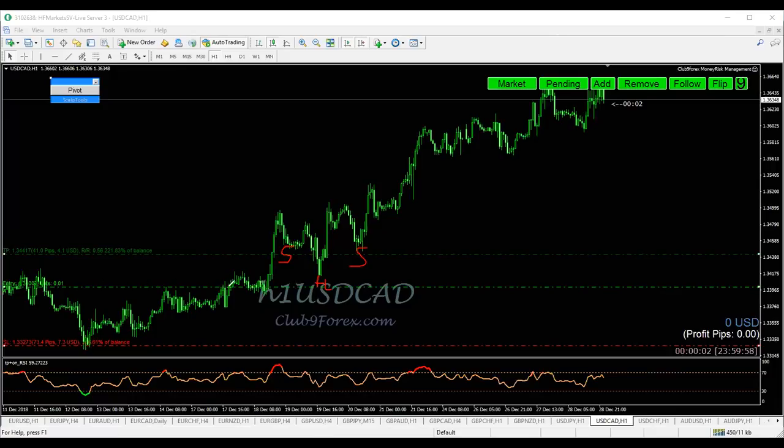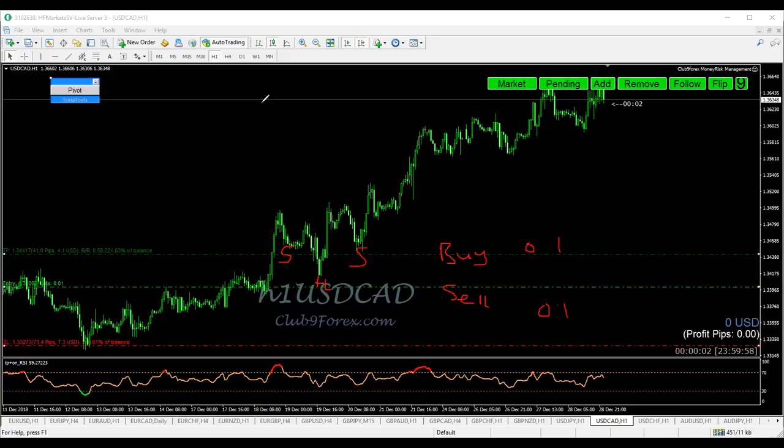Now, without closing this sell that you have right here, you can enter a buy right here. So you have a sell right here, then you have a buy right here. And the buy and sell can ultimately be in the same lot size, say 0.1 versus 0.1. So within the broker software, it is assumed that you have already closed your position because you are opening and closing a position using the same lot size.